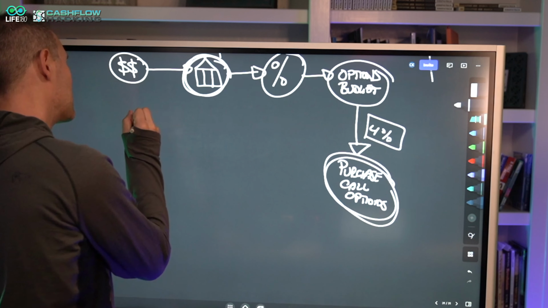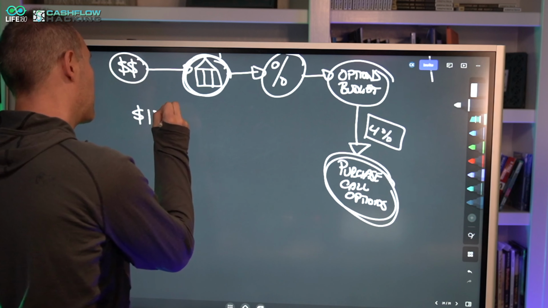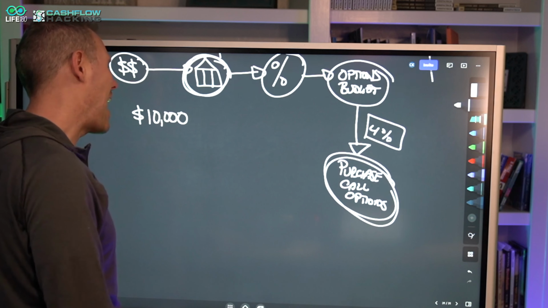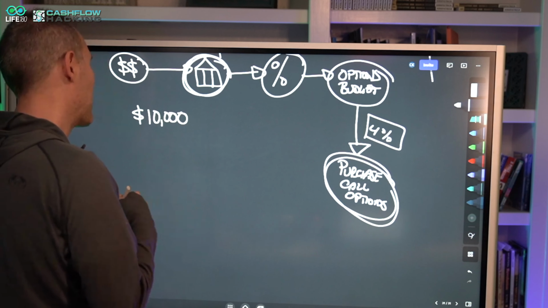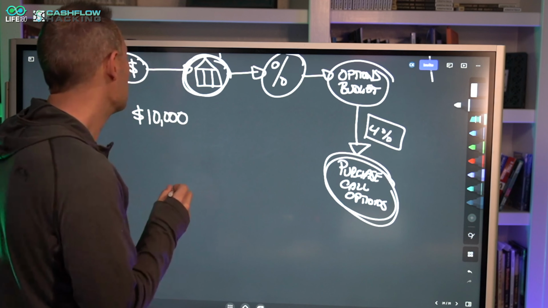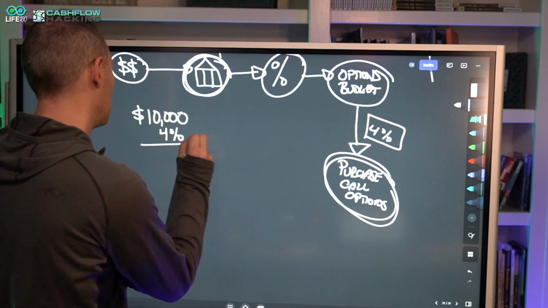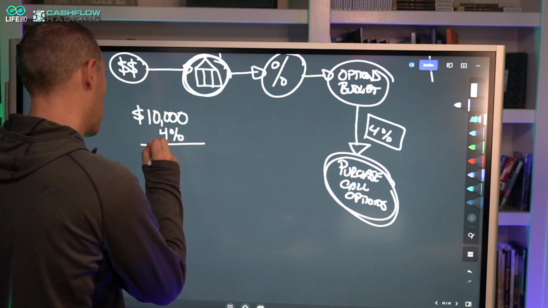So let's say you have $10,000 of cash value after all things. You have an account value of $10,000 after all expenses and fees. So maybe you had like an $11,000 premium or something of that nature if it's a properly designed policy. You have an options budget of 4%, right? So they go out and say, all right, 4%, that's $400.